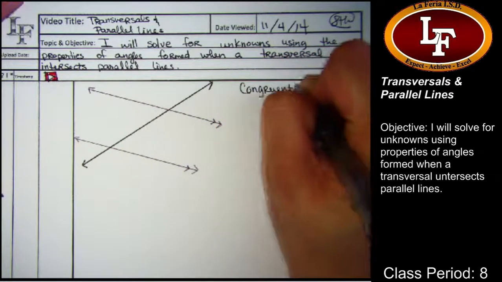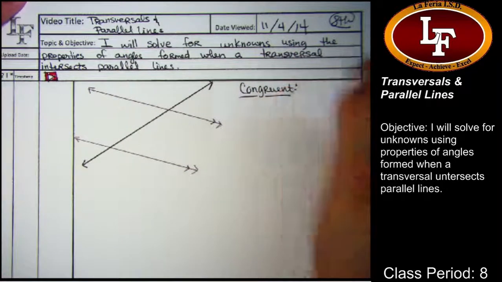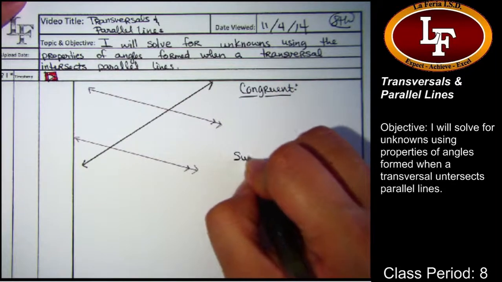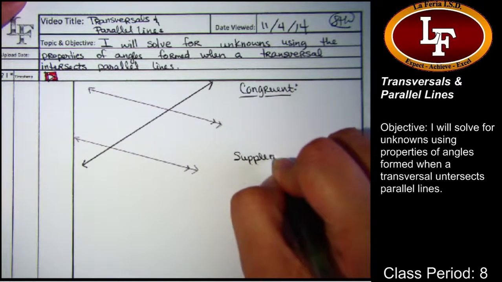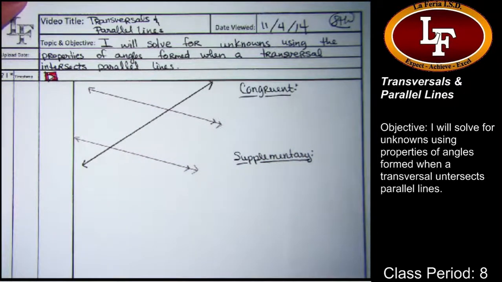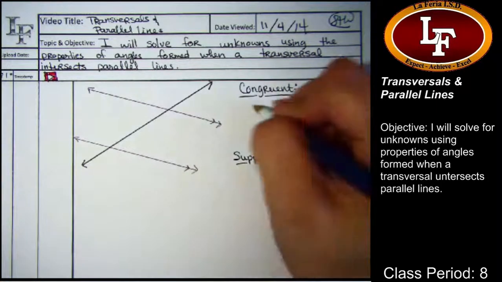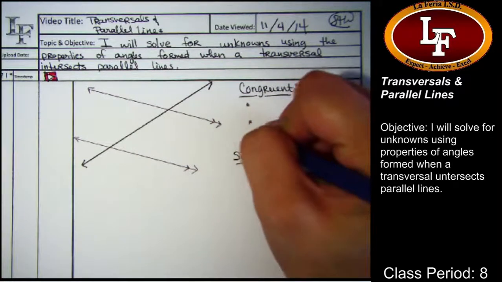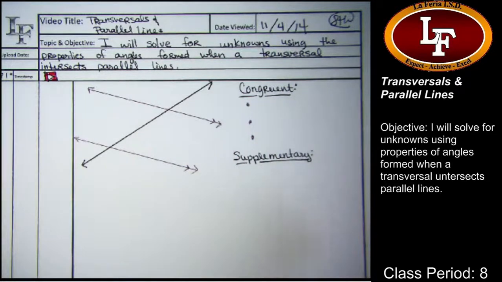When you have a transversal and it is intersecting parallel lines, you end up with your 5 angle pairs being able to be sorted into 2 different categories. 3 of them end up being congruent. What did congruent mean again?